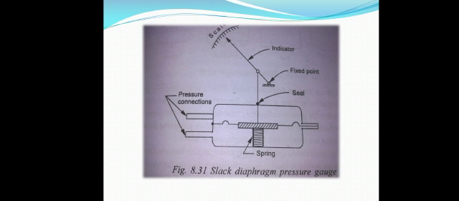Due to the application of the pressure, the spring deflects and the diaphragm also moves in the upward direction. At that time the link attached to the top of the pointer, so the pointer will deflect from 0 to some required position on the scale. This is your final output reading that we have to calculate.